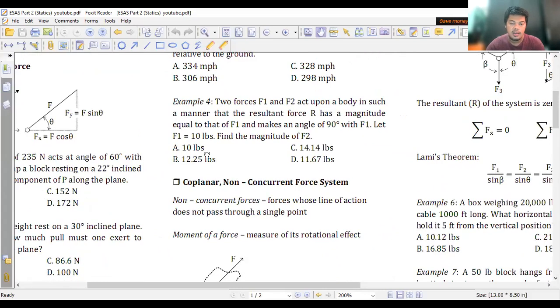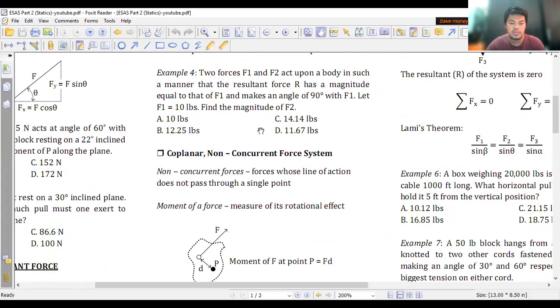And then we go to the fourth example. For the fourth example, we have two forces, F1 and F2, acting upon a body in such a manner that the resultant force has a magnitude equal to that of F1 and makes an angle of 90 degrees with F1.